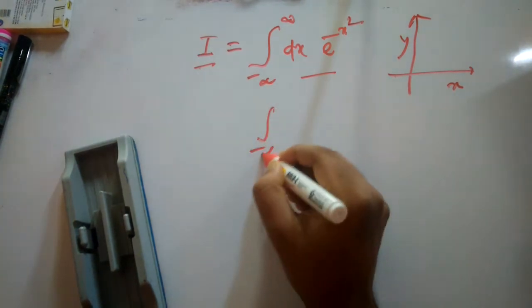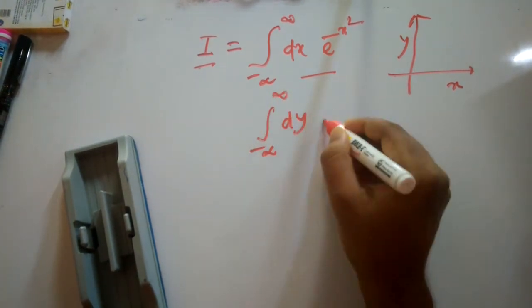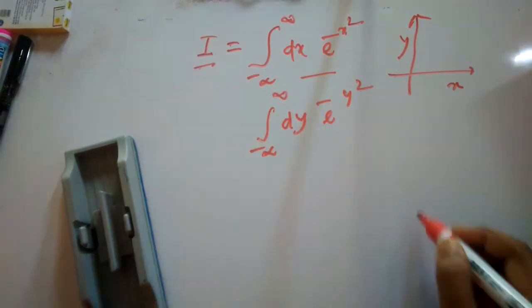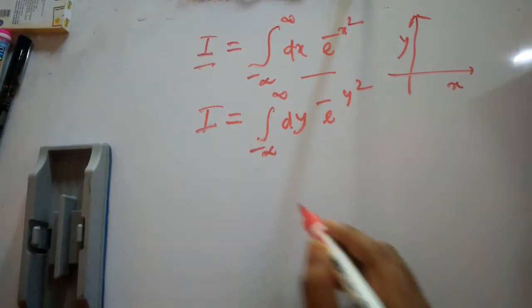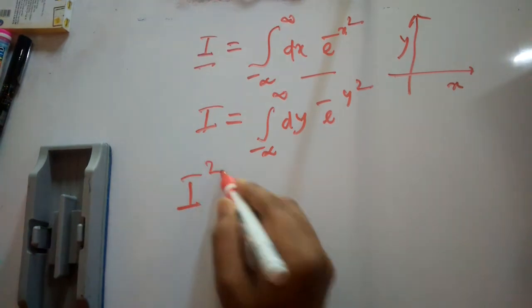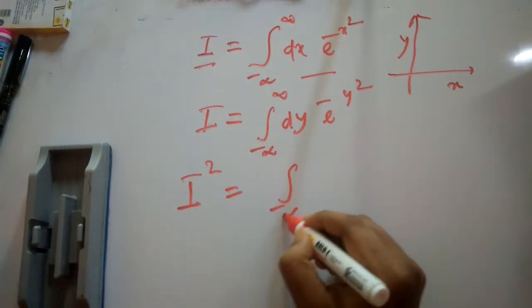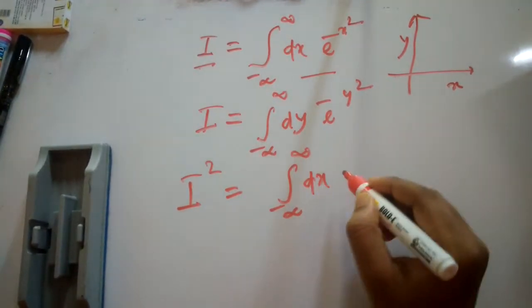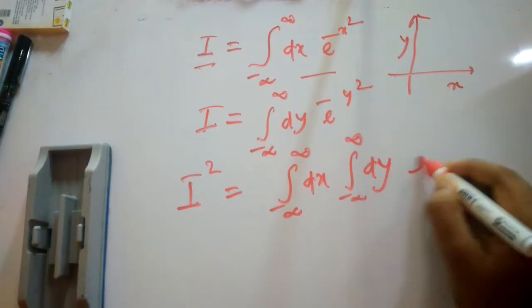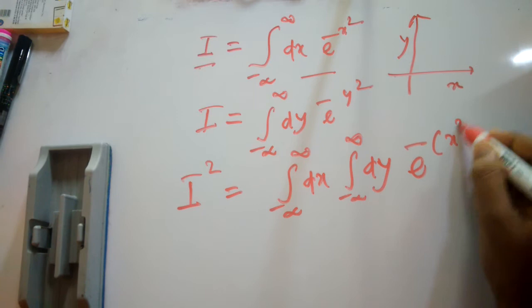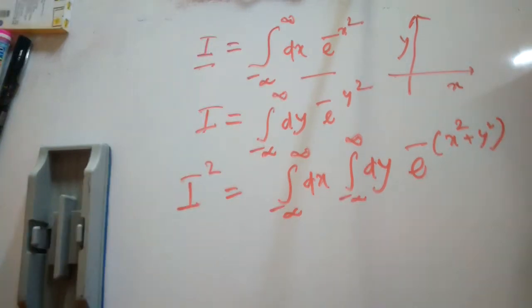We can also express it in terms of dy. Doesn't matter, both are the same, and this is also I. So what is I squared? You can write it as the double integration from minus infinity dx dy e^(-(x² + y²)).